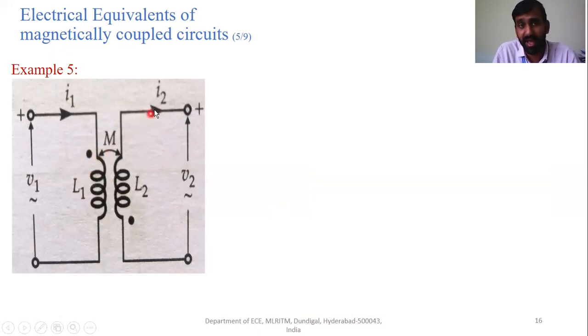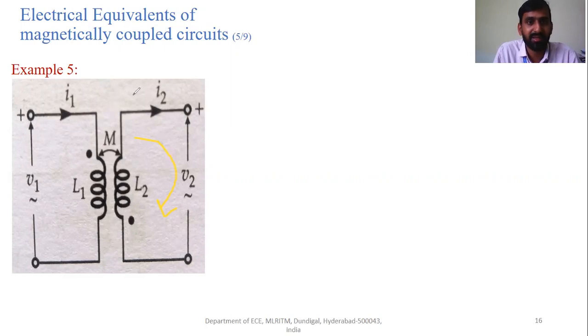Whereas coming to the current I2, here the current I2 direction is reversed. If you consider the same loop direction, going in this way, then this I2 is also entering through the dot, right?